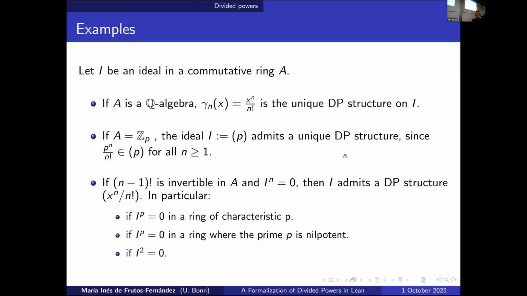Or for any ring A, if you have an ideal where I squared is equal to 0, then x squared will be 0 for every element in the ideal, so you can always take this family of divided powers.